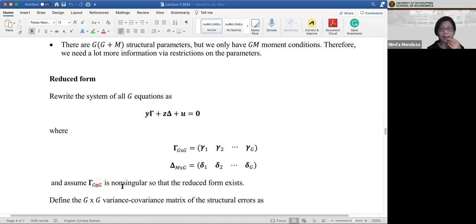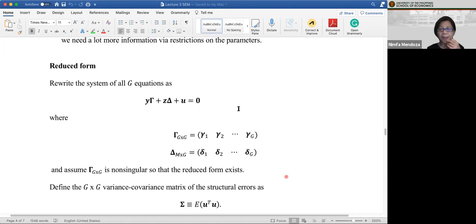And let us assume that gamma is non-singular so that the reduced form exists. We will be needing the inverse of gamma. Then define the G by G matrix. Note that you have these errors.